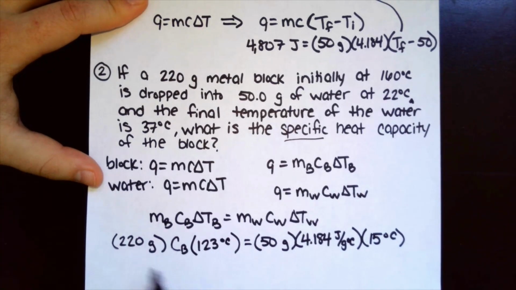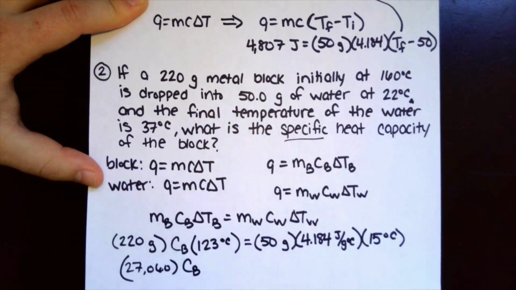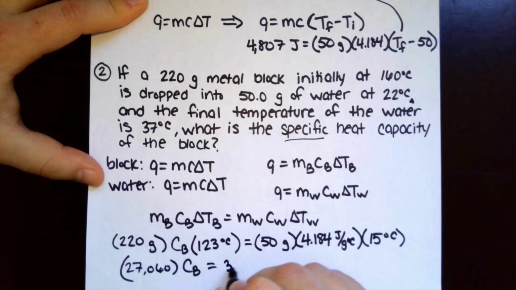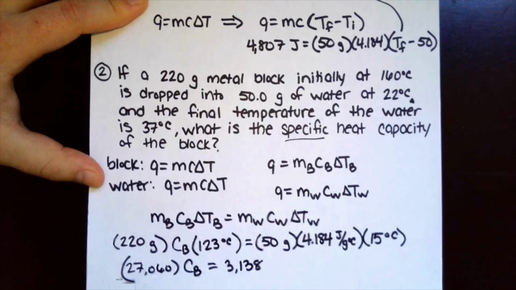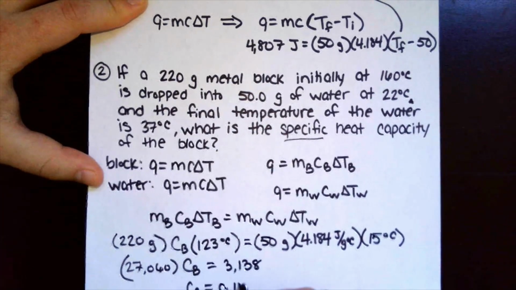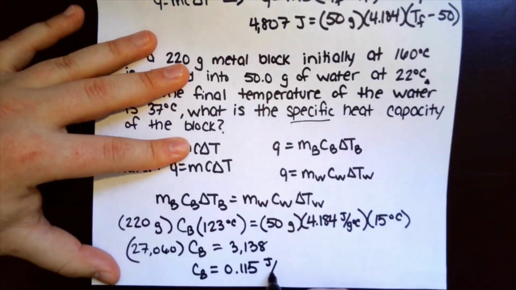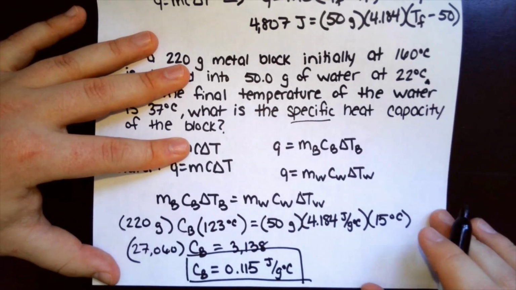Let's do 220 times 123, and we get 27,060 times the specific heat capacity of the block equals, so if we multiply these three, 50 times 4.184 times 15, we'd get 3,138. So then dividing both sides by 27,060, we get a final answer of 0.115. And again, our units have to be joules per gram degree Celsius. And that would be your final answer.